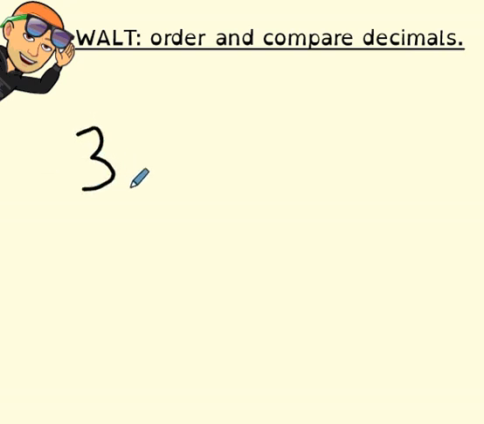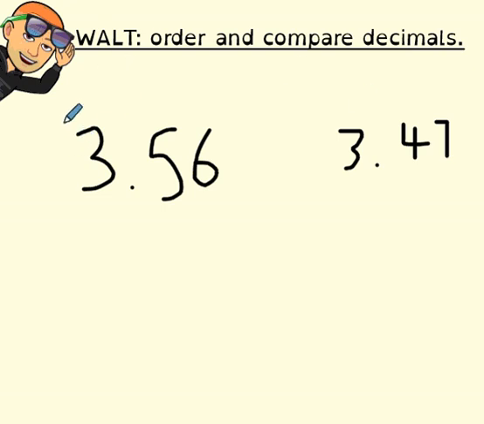So if I have the number 3.56 and I have the number 3.46, I've got to try and picture and imagine those place value counters, or then place value headers, so ones, tenths, hundredths. And remember what I've said, you're always looking at the highest value column. In this case, it's the ones column. Can I compare them by purely looking at the ones column? I can't, because they both have the same value in the ones column.